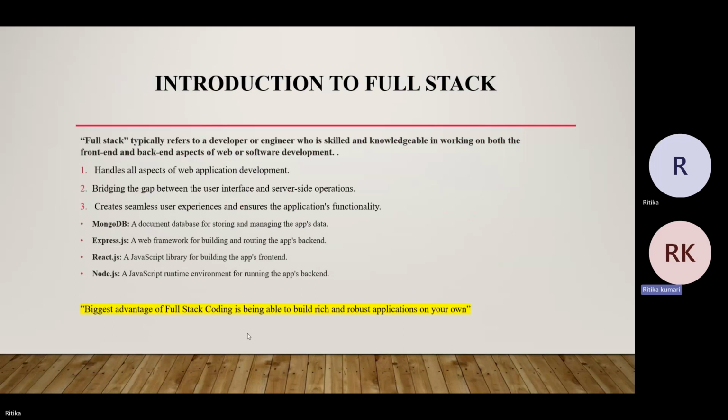R stands for React.js. It is a JavaScript library for building the app's frontend. And N is Node.js. It is a JavaScript runtime environment for running the app's backend. So the biggest advantage of full stack coding is being able to build rich and robust applications on your own.